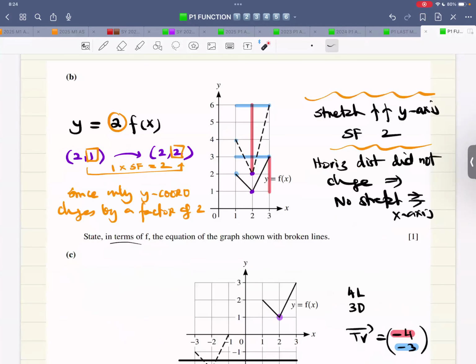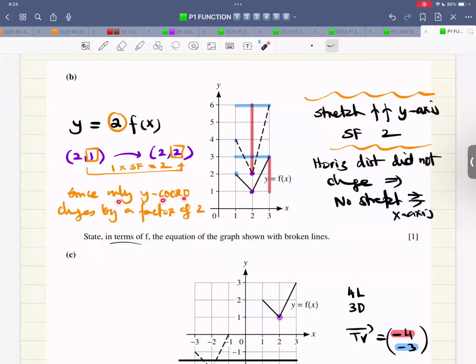Over here, some people think that movement has taken place. Let's see, this is (1, 2). This becomes (1, 4). So (1, 2) becomes (1, 4), or (2, 1) becomes (2, 2). So only the y coordinate is changing and the y coordinate is doubling. So the stretch factor is 2.